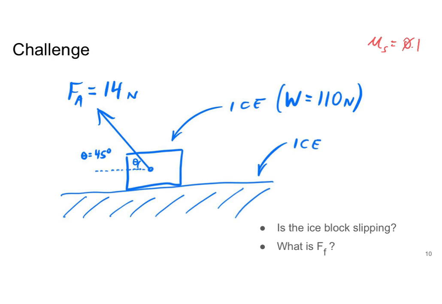Now, we started with the hint that maybe we want to think of components. So what I'm going to do is, right off the bat, break my 14 newtons into components. So there's a vertical component, and there's a horizontal component. I'm going to convert the magnitude and direction, which was given as 14 newtons, and rewrite that as its components.